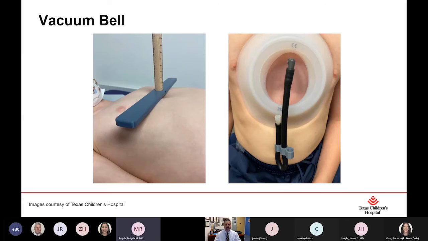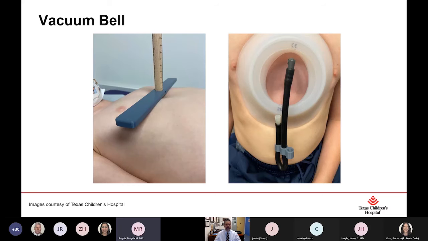The patients that are the best candidates for this treatment are the young, very flexible patients. Trying a vacuum bell on a patient who is 20 years old is not going to work. It's not going to move their chest wall. Those costal cartilages over time will calcify, and they'll become problematic with trying to move them. Even in the OR, it's harder to move the chest wall in a patient who's older than in a patient who's younger.